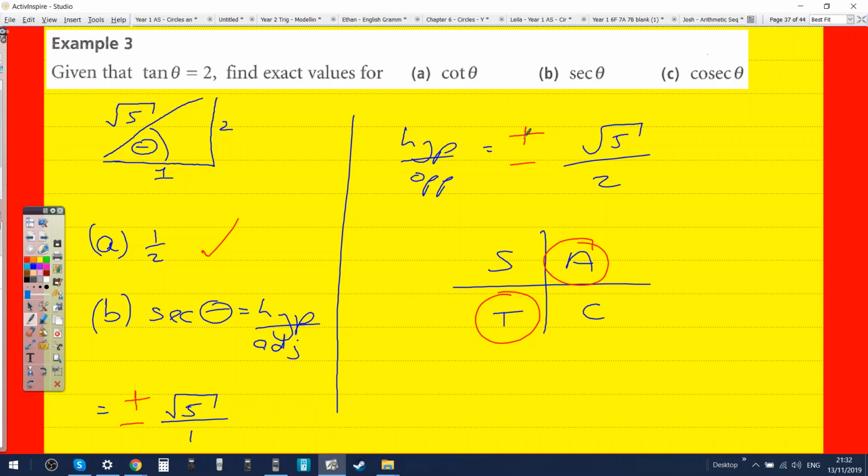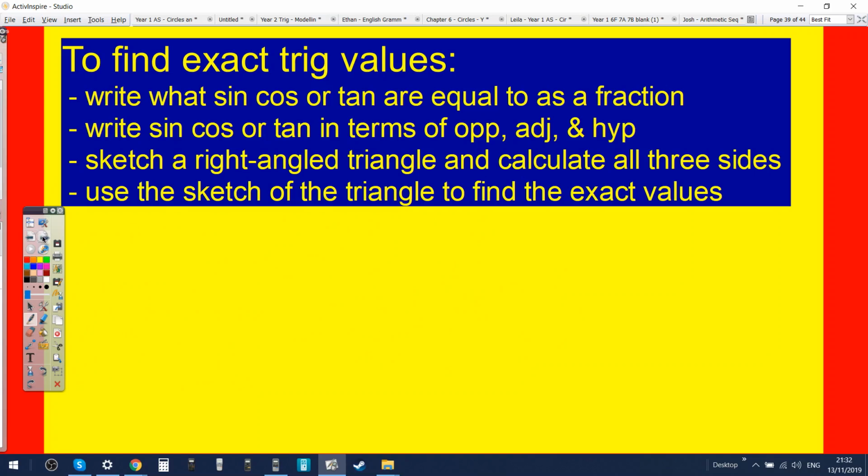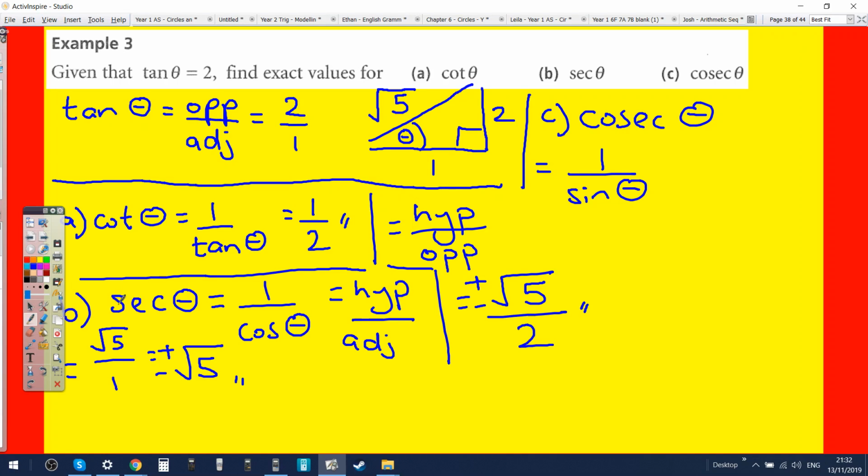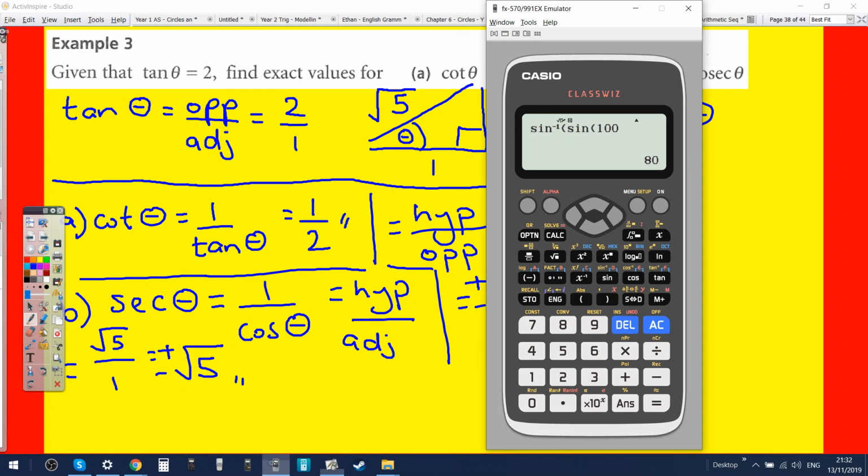That's why we have plus or minus. We just don't know, because it could be shift tan of 2. So it could be 63, but then it could also be answer minus 180. It could also be minus 116. We just don't know.